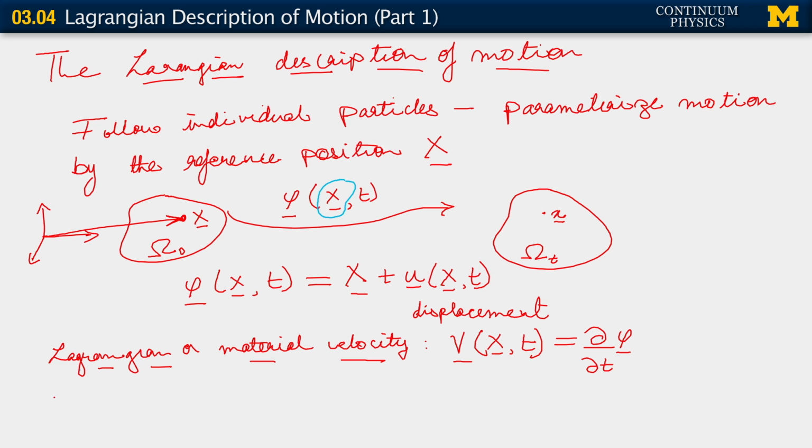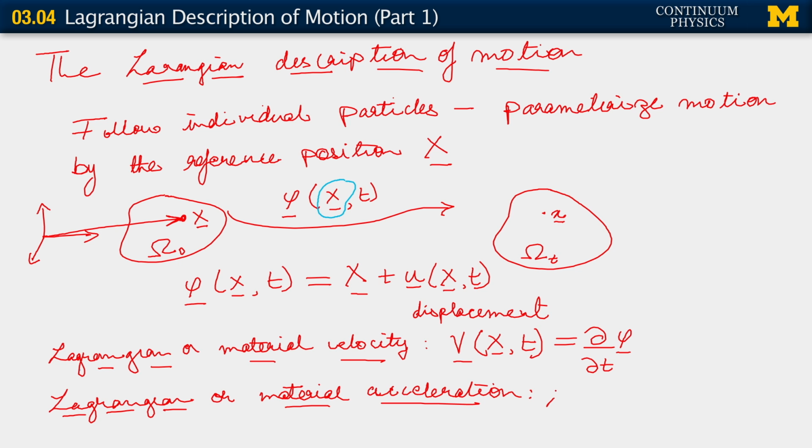We can also talk about the Lagrangian or material acceleration, which will be denoted in our lectures by A, also parameterized by reference position and time, and this is simply the derivative with respect to time of the velocity, or the second time derivative of phi.